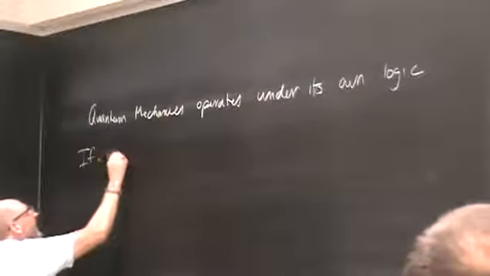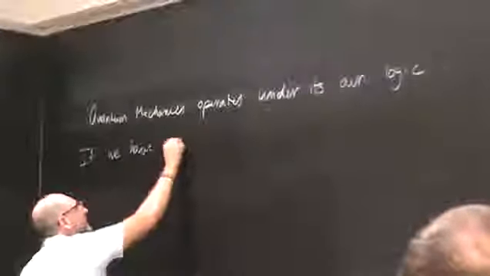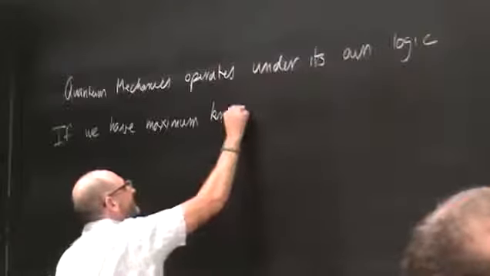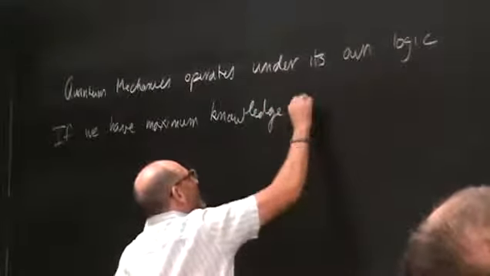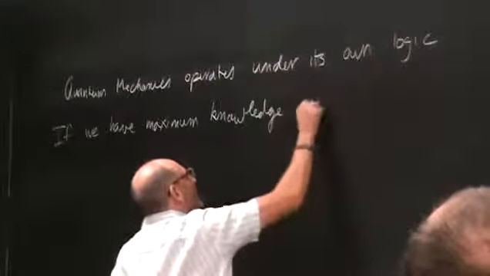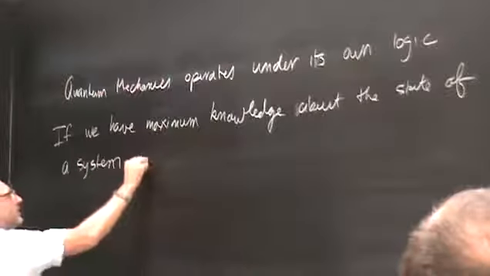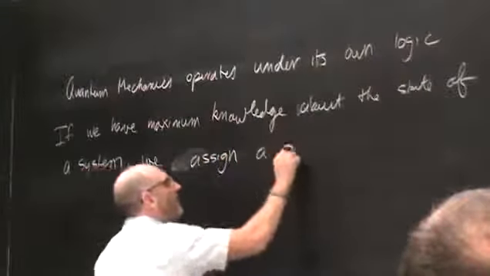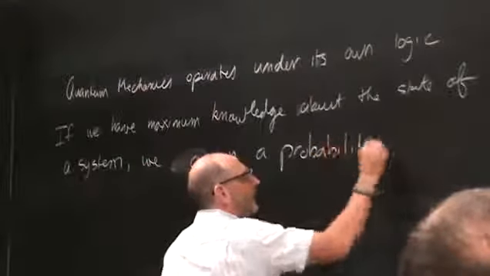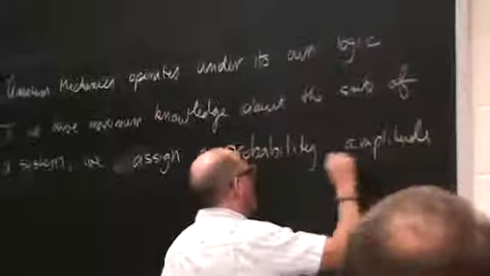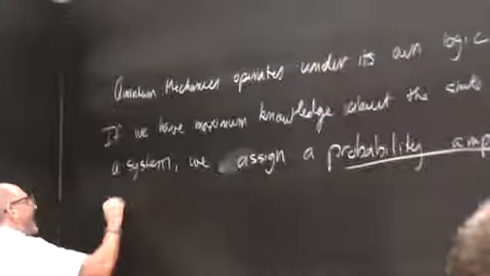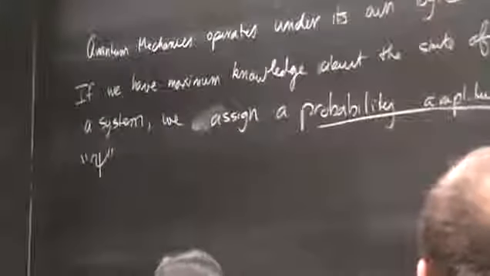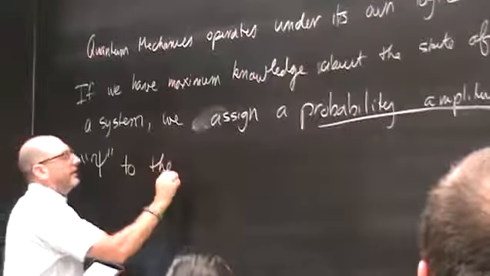And what we have said is that if we have maximum knowledge about the state of a system, like the photon, we assign not a probability, but a probability amplitude, which I might generically call psi, to the system.